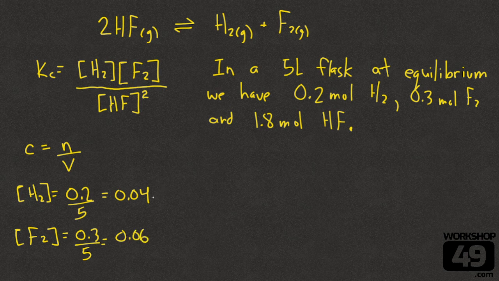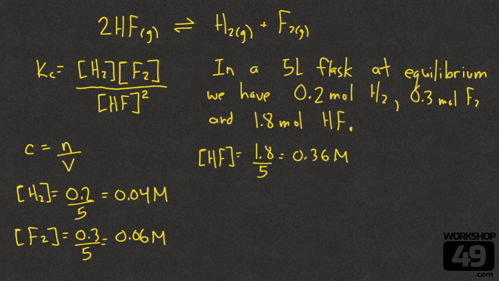And sorry, I'll put some units on these. It's molar. Molar means the same thing as moles per liter. Don't forget that. I can use a big M. I can write moles per liter if I want to just save space here. And our concentration of HF is equal to 1.8 over 5, which is going to equal 0.36 molar.